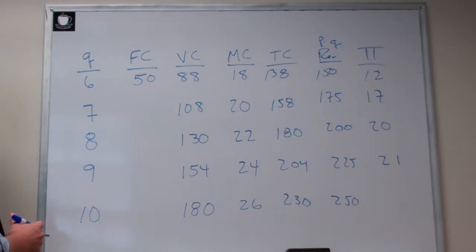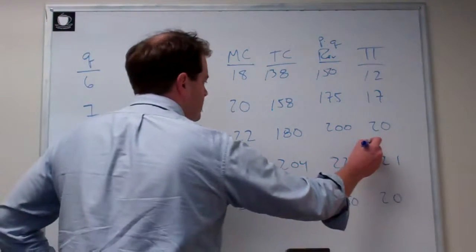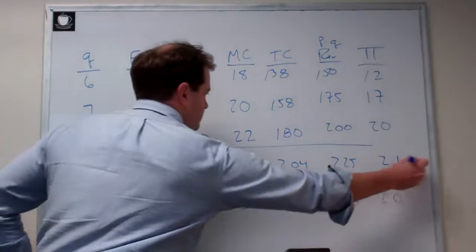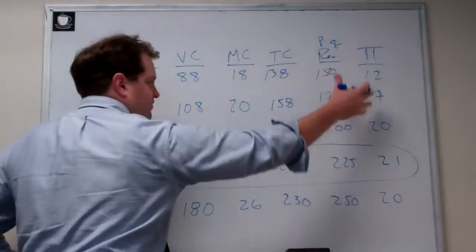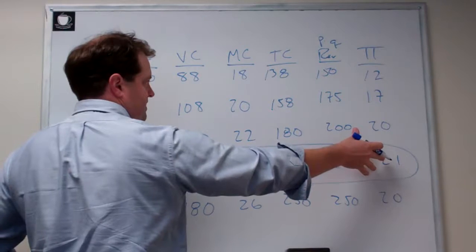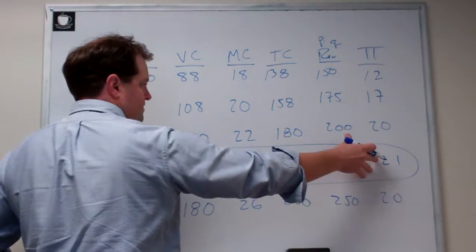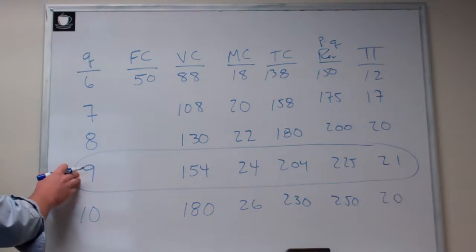Then if we do the same thing with 10 goods, we get a profit of 20. So we're going to expect them to produce 9 goods. Given the calculations we've done at each of these different possible output levels, 21 is the best they can do. We're going to expect this firm to maximize profit by producing 9 goods.